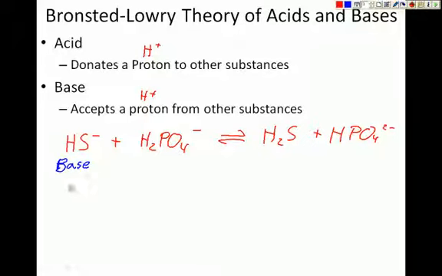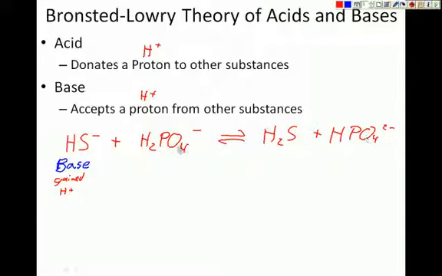This is a base because it gained a proton, or in other words, accepted a proton. Gained H+.